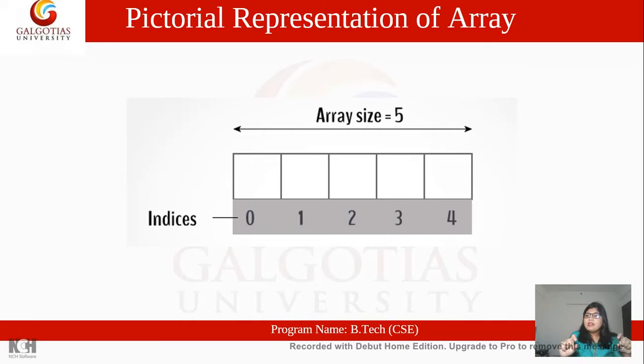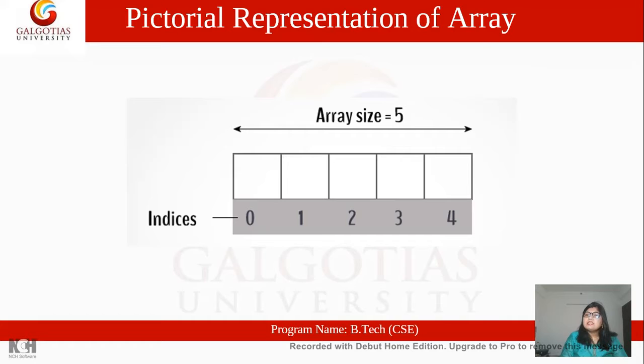So an array is nothing but sequential blocks. Each is of fixed size and each element or each index represents one element of array. Now as you can see in the slide, I have shown array size as 5. So we have made 5 blocks in a continuous manner.